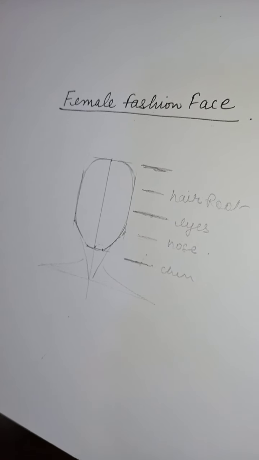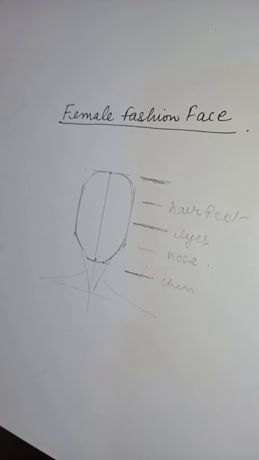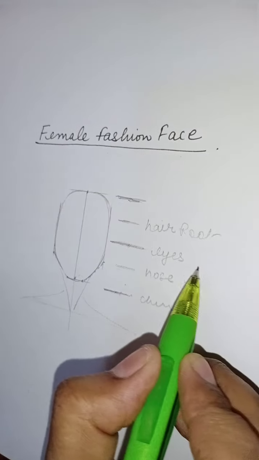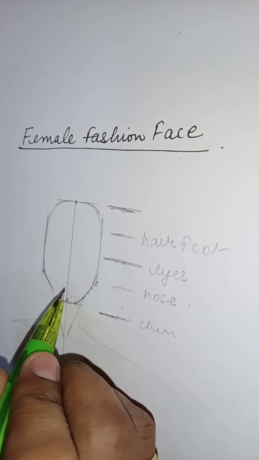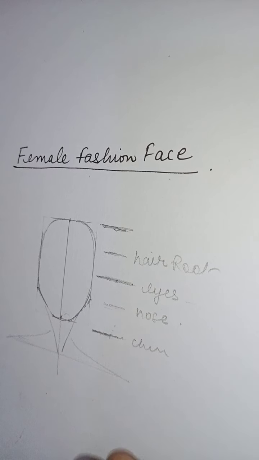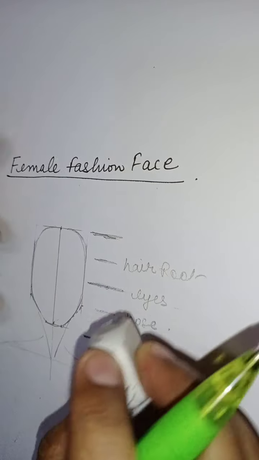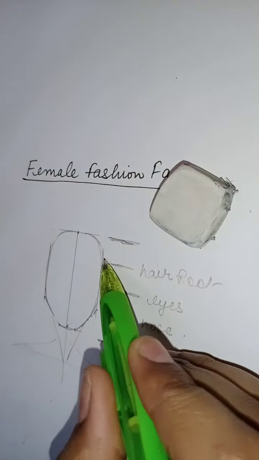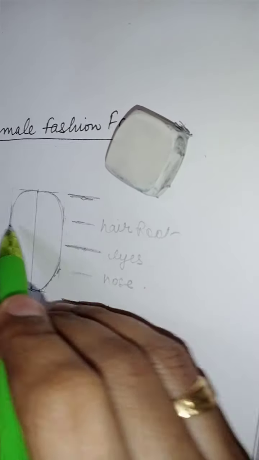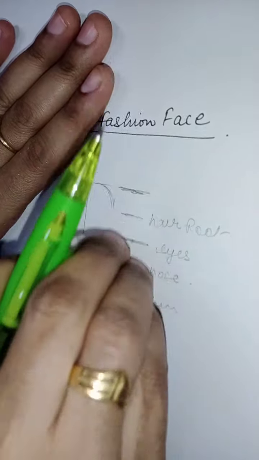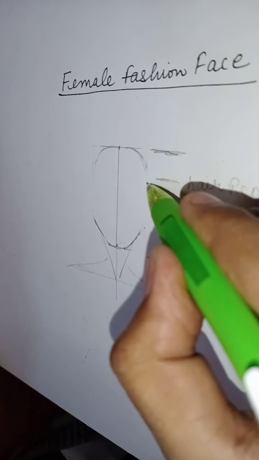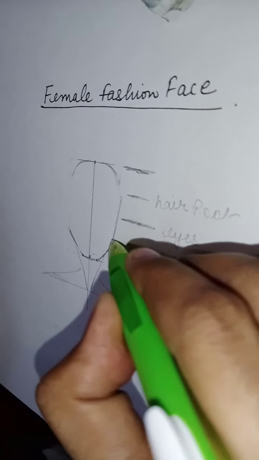Okay, now I will start to draw my eyes. See, this is the eye line. So keep in mind that this straight vertical line should be little bit slant. So I am making it a little slant.